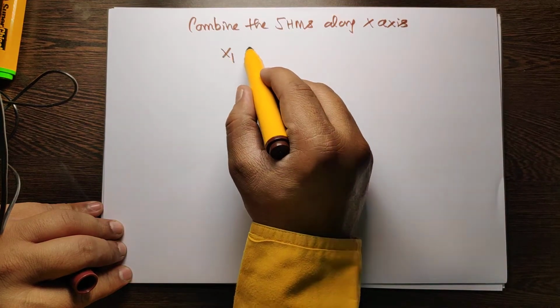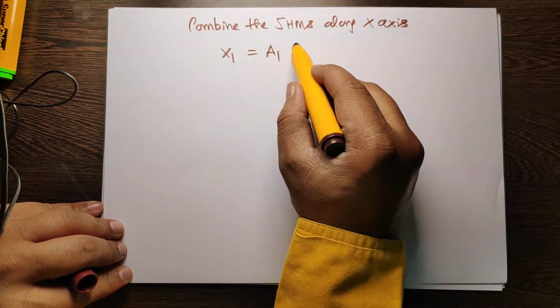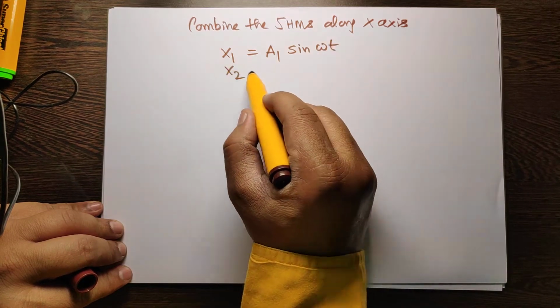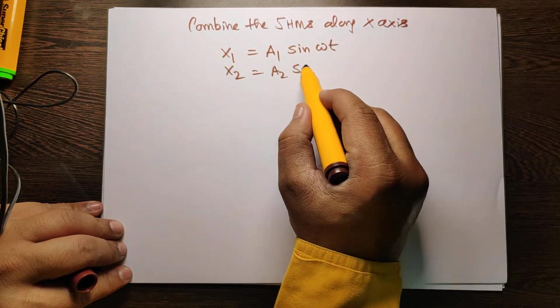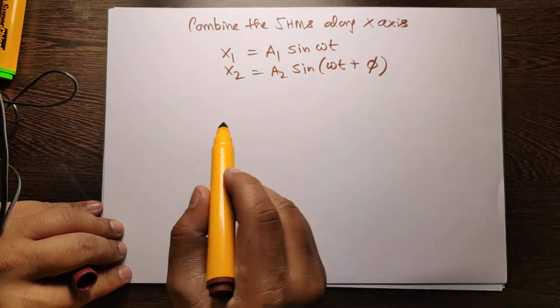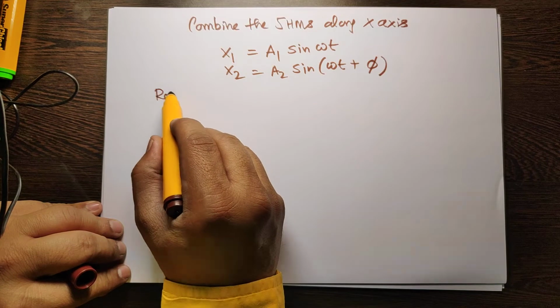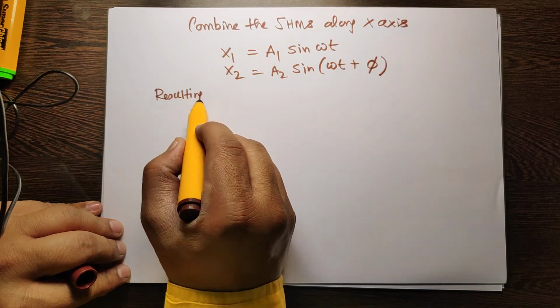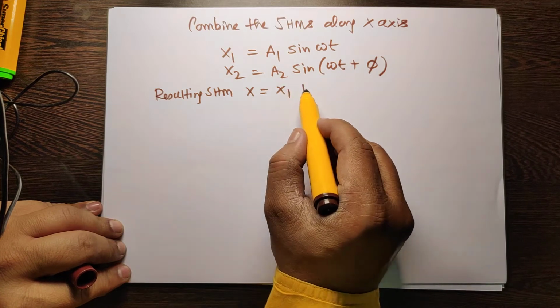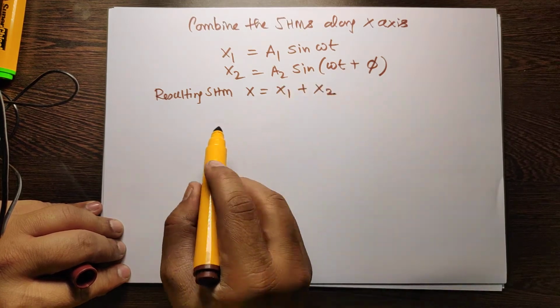Individually they are like this: x1 is A1 sin omega t and x2 is A2 sin of omega t plus phi. Now, for the resulting SHM, we are convinced that x equals x1 plus x2.